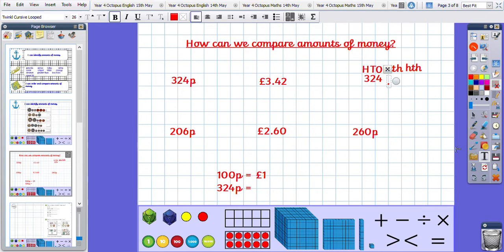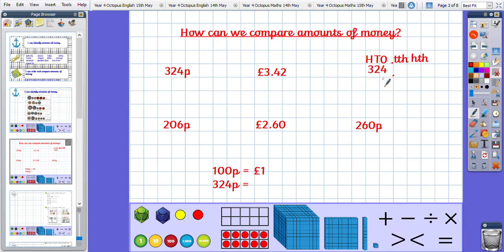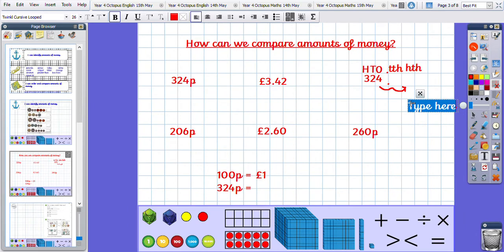We have identified we are making it 100 times smaller, so moving 2 places. So our 4 would move to the hundredths, our 2 would move to the tenths, and our 3 would move to the ones. So we're not moving our decimal point. 324 pence would be £3.24.